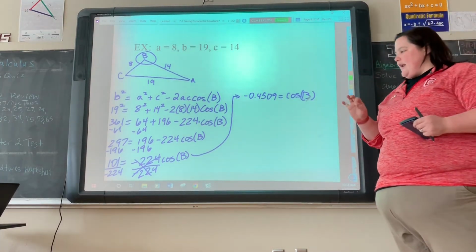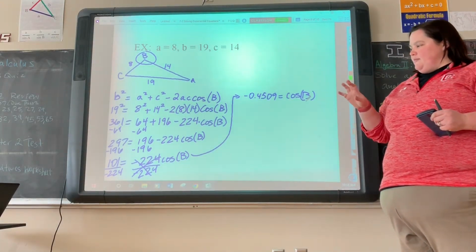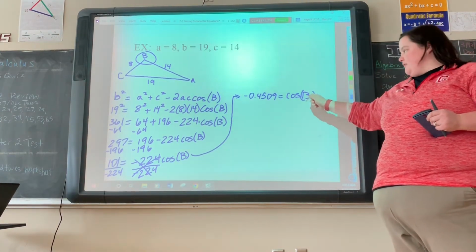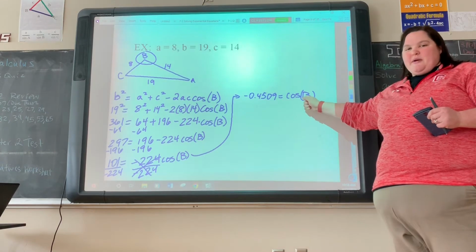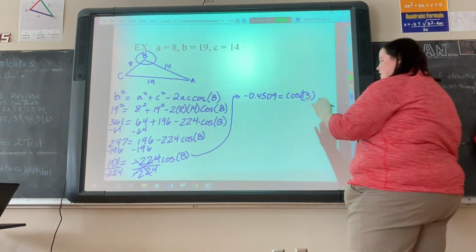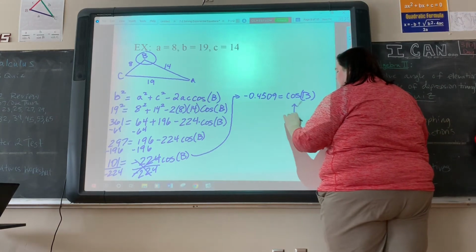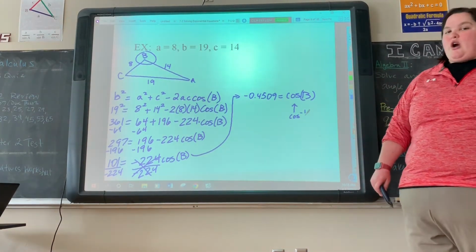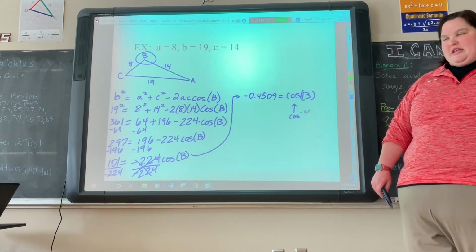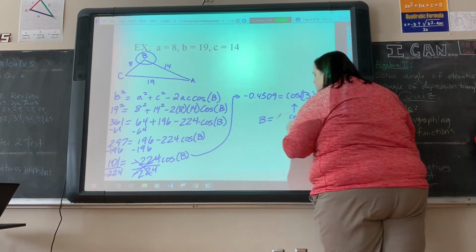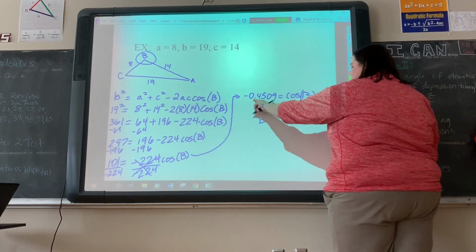Okay, so now I've got it down to that little tiny decimal equals cosine of B. Okay, so does anyone remember what you have to use when you're solving for angles? You're actually going to end up having to do cosine inverse to figure out what B equals. So B is going to equal cosine inverse, and then just put this tiny decimal.